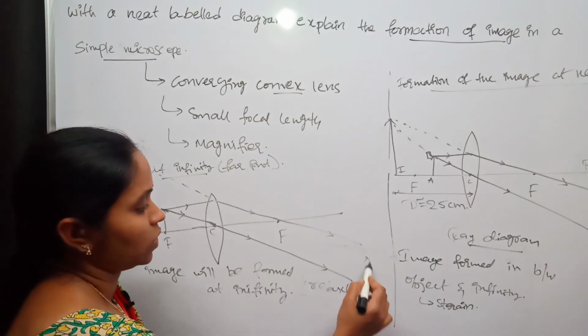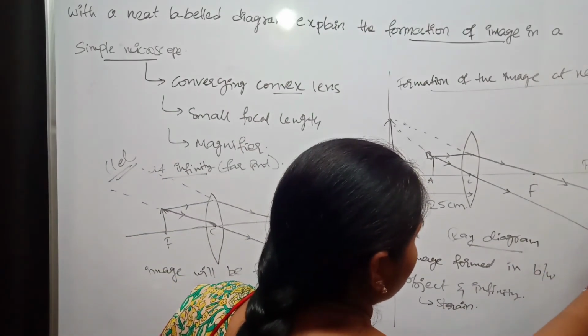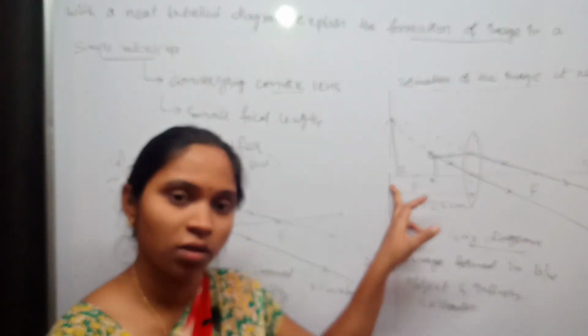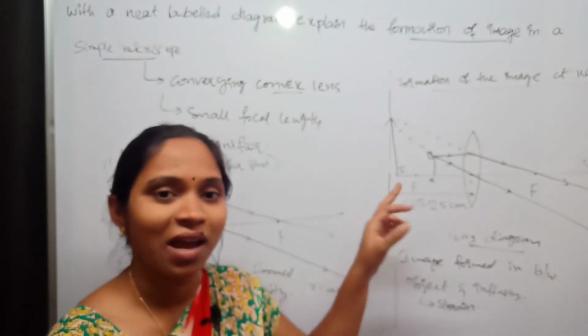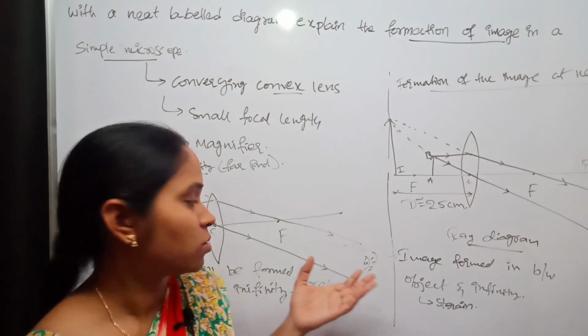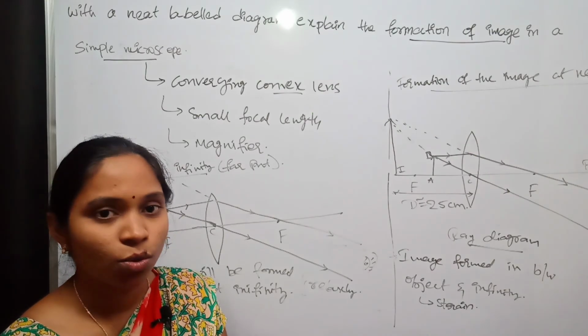Here will be the observer. The image formed will be erect and magnified, and it is a virtual image. This is the formation of the image using a simple microscope.